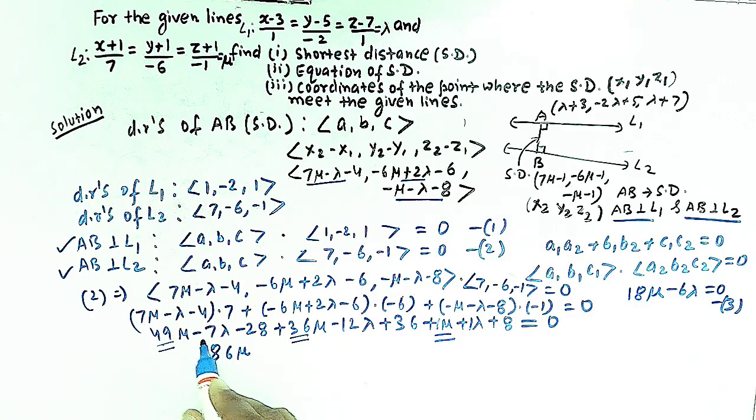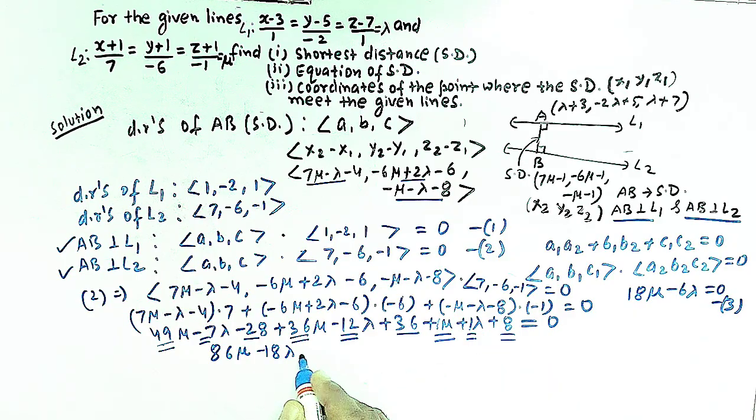And here we have minus 7 minus 12, and here we have 1. So this is minus 18 lambda, and then we have minus 28 plus 36 is equal to 8, and here we have plus 8. So here we have plus 16 is equal to 0, right? So now here we have 86 mu minus 18 lambda plus 16 is equal to 0.